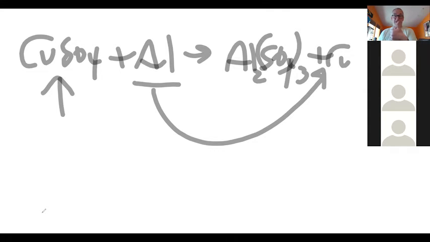So if we want to convert all the aluminum, how do we ensure that that happens? How much copper sulfate am I going to need to add to make sure that that happens? Any amount? Doesn't matter how much we add?